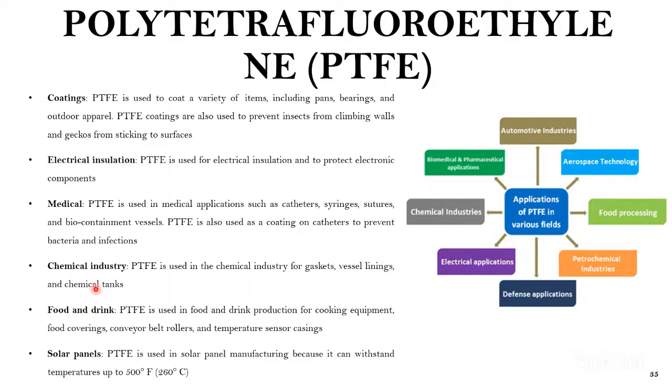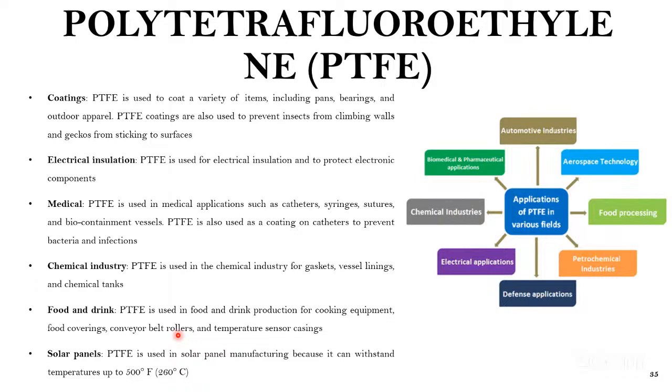Next, food and drinks. So PTFE is used in food and drink production for cooking equipment, food covering, and conveyor belts. Where there is very large food production, PTFE is used, like the rollers where they mix wheat flour dough.